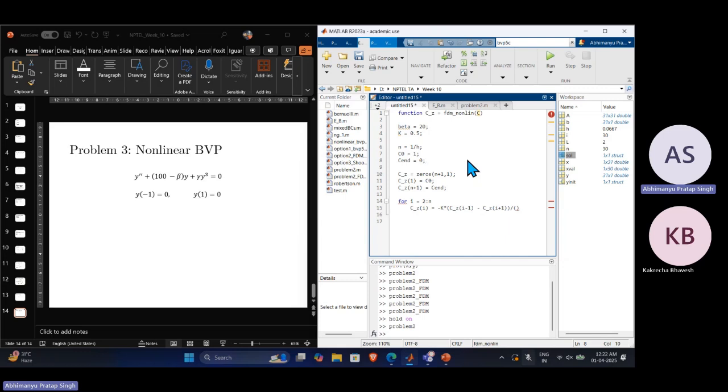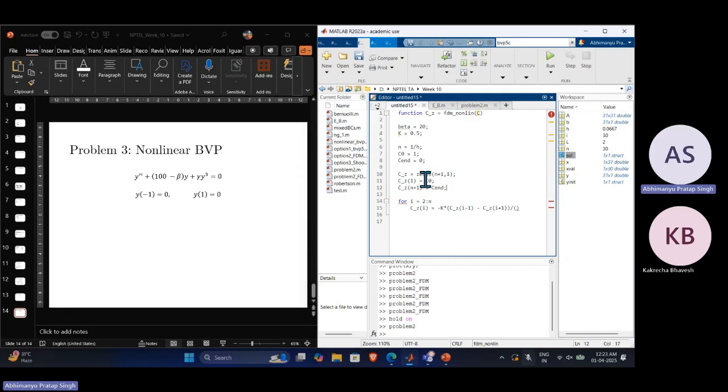So if I initialize with some values of C, I need this to be 0. Okay, fine.